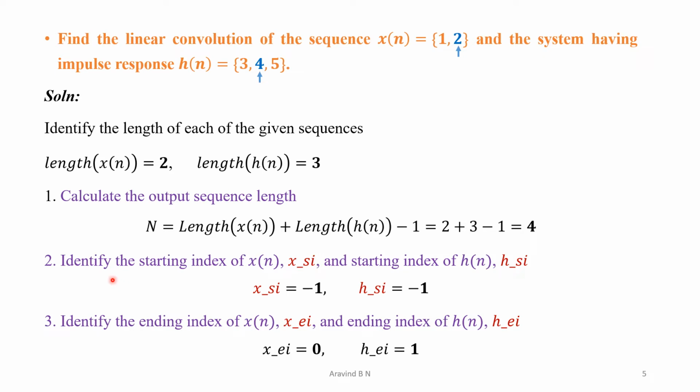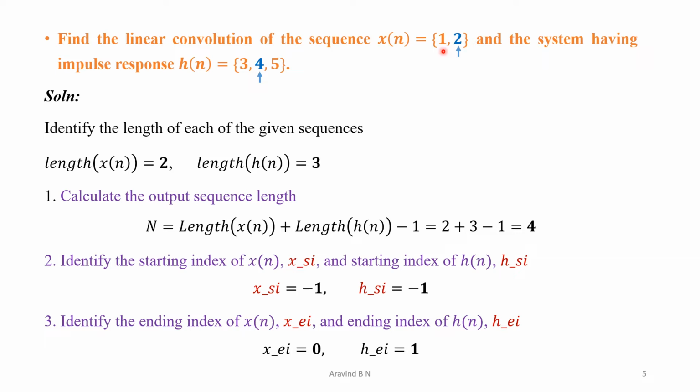Step 2. Identify the starting index of x of n and starting index of h of n. So what is the meaning of starting index? The position of the very first element present in x of n and h of n is the starting index. So with respect to x of n, the starting index is the position of this value 1.